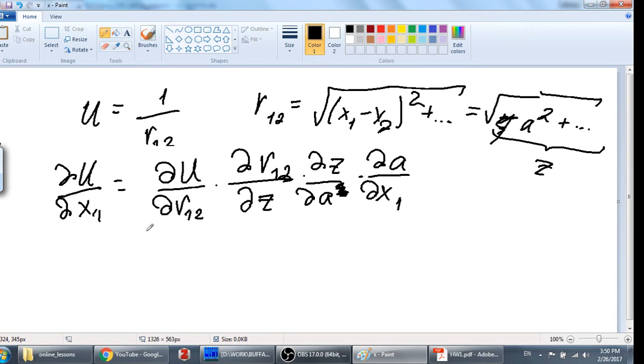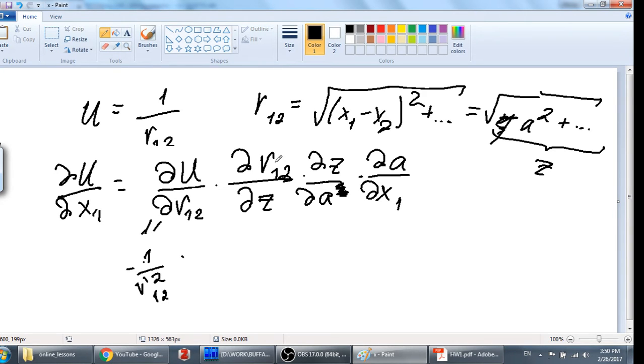Now, what can we do? U in terms of r12 is r12 to the minus 1, so this part gives you minus 1 over r12 squared, times.